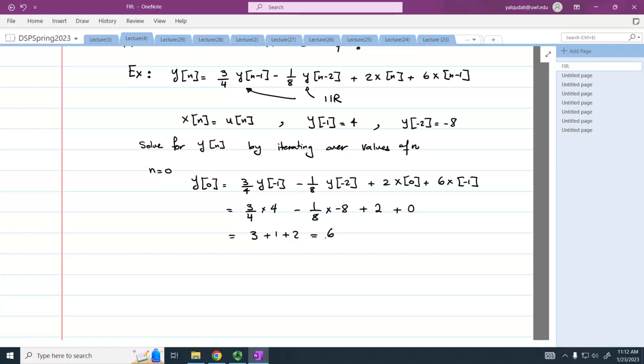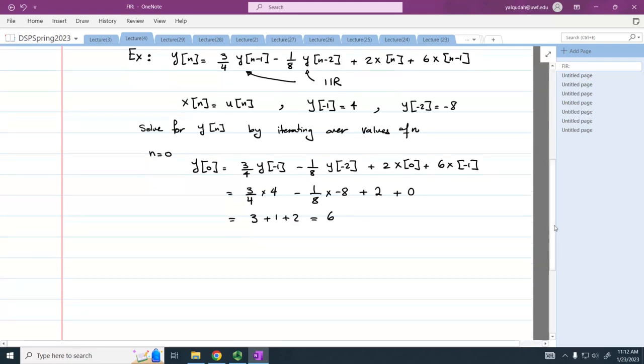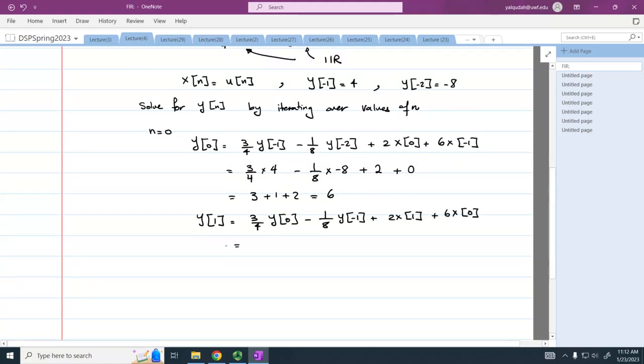Together? Then we're going to go to the next iteration. y at 1 is going to equal 3 over 4 y of 0, minus 1 over 8 y at negative 1, plus 2 x of 1, plus 6 x of 0. Where do I get y of 0 from? From what we just calculated.